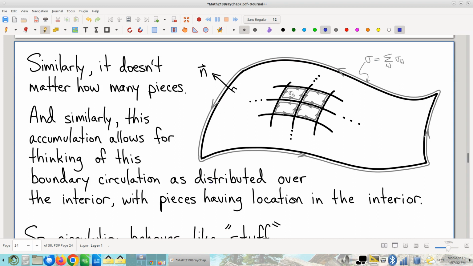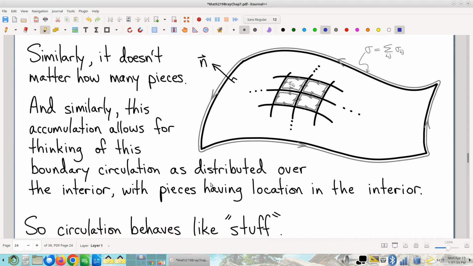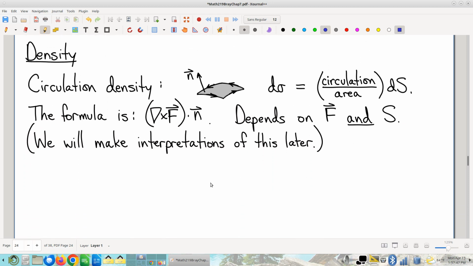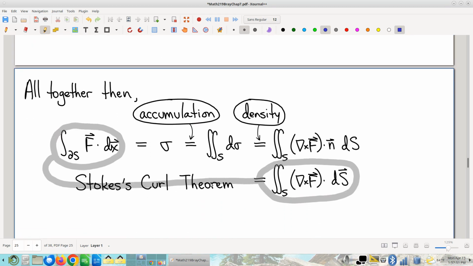I'm going to wave my hands and make claims about how psychologically you can just see it in your mind as distributed over the interior, even though you compute it on the boundary. We've been down that road a bunch of times, right? And then we'll declare that there's an appropriate corresponding notion of density, and we'll put it together and write down a theorem, right? So it's structurally just like every one of these theorems we've already seen.